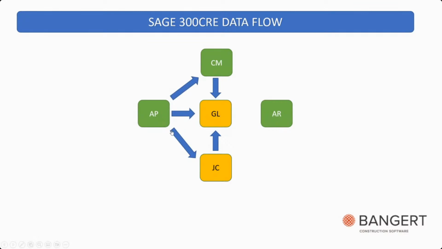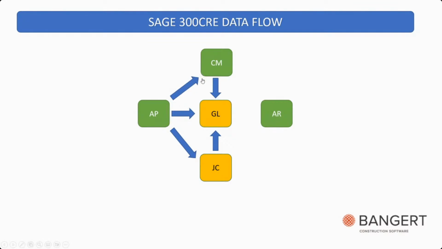It will possibly send a job cost entry over into job cost if it's been coded to a project. And if it's a check or an EFT payment or some form of payment of that payables, it's going to make an entry into the cash management system. So in reality, it's possibly making up to 3 separate entries at the same time.